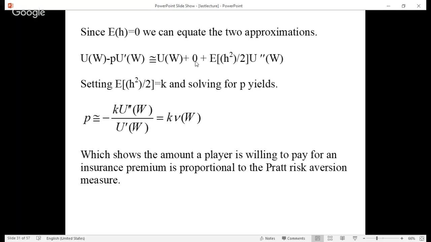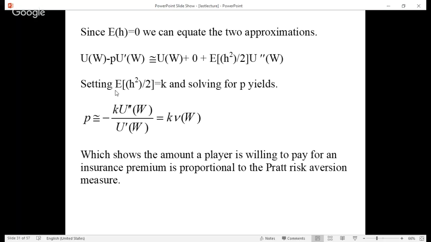That's u of w plus 0 plus the expected value of h squared divided by 2 times u double prime of w. Now, this is simply a constant, right? So I'm going to denote this expected value of h squared divided by 2 by k, right?